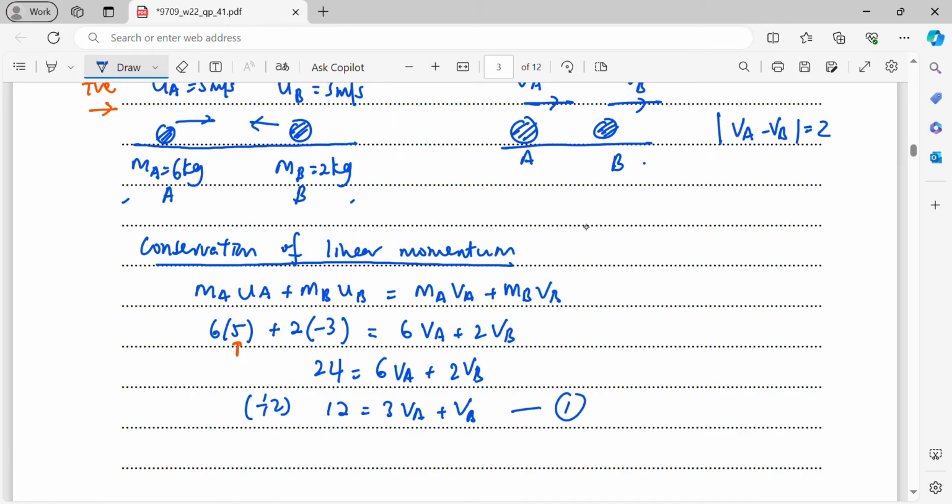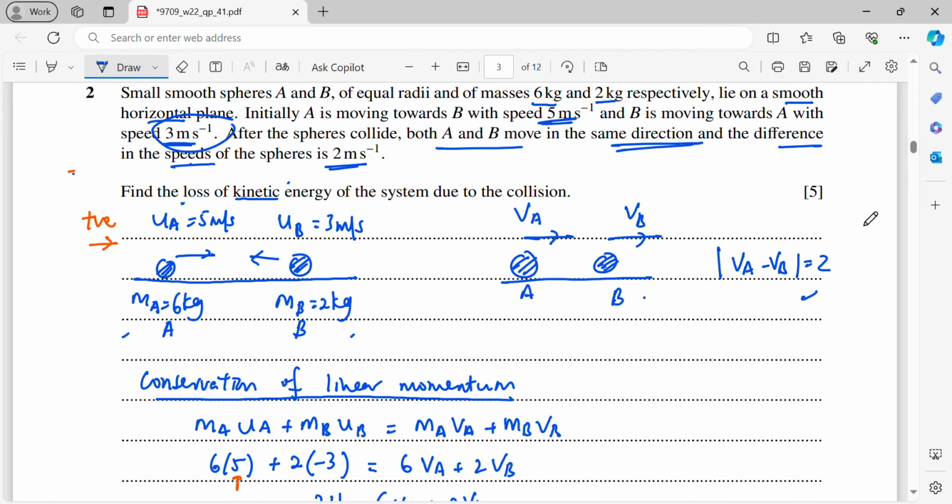From here, vA minus vB equals 2, right? You can say vA minus vB is 2, or the modulus of it can be vB minus vA equals 2 as well, up to you.